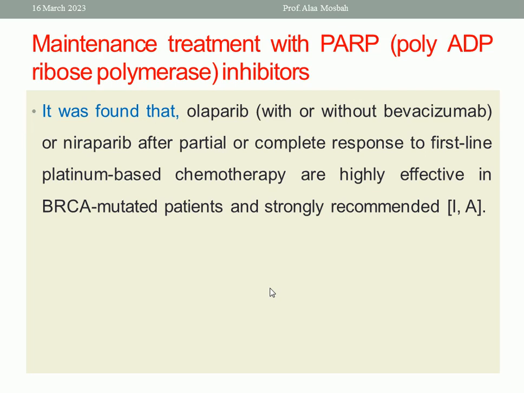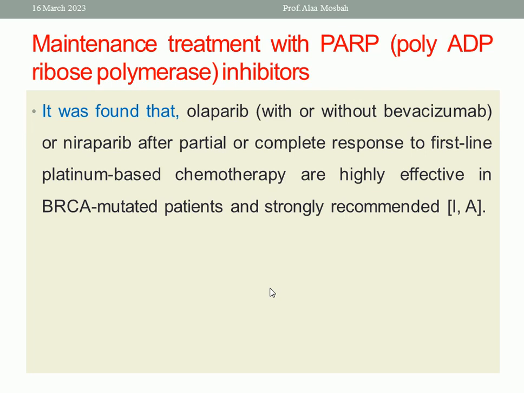In which type of patient? Those with BRCA gene mutation. So it is strongly recommended. So PARP inhibitor is strongly recommended in patients carrying BRCA gene mutation. Please remember this very well.